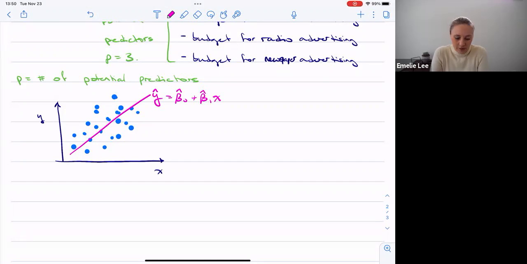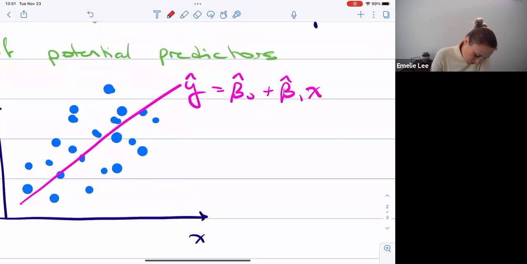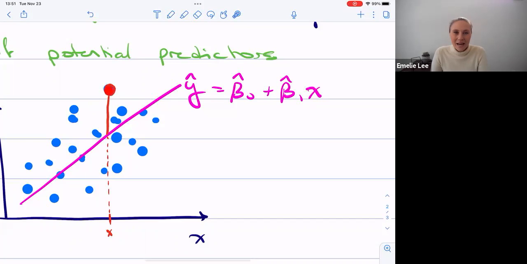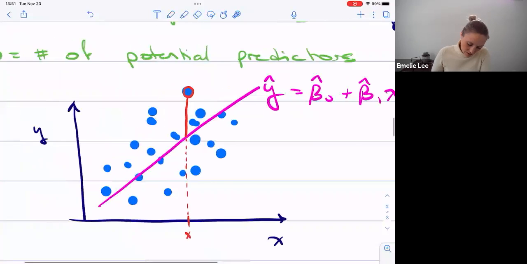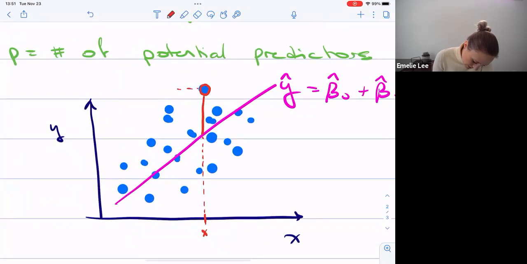Now you might remember the distance from a point, so let's say this point here, at the same value of X, okay, that's supposed to be straight up and down. I know it's not, but this distance from the actual Y, okay, so here, this is going to map back to some Y value.